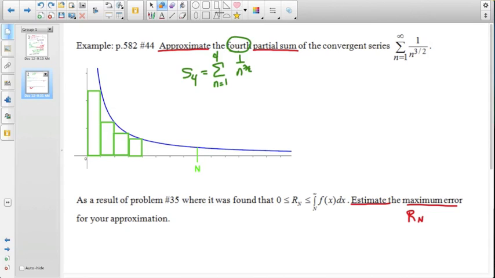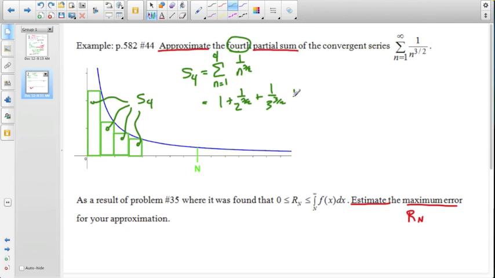So this is literally just like a right Riemann sum. Altogether that's going to be our S4. So we're going to substitute 1 in here. 1 to the 3 halves is 1, 1 over 1 is 1. Then 2 to the 3 halves in the denominator, so that's 1 over 2 to the 3 halves, and then 1 over 3 to the 3 halves, and 1 over 4 to the 3 halves.